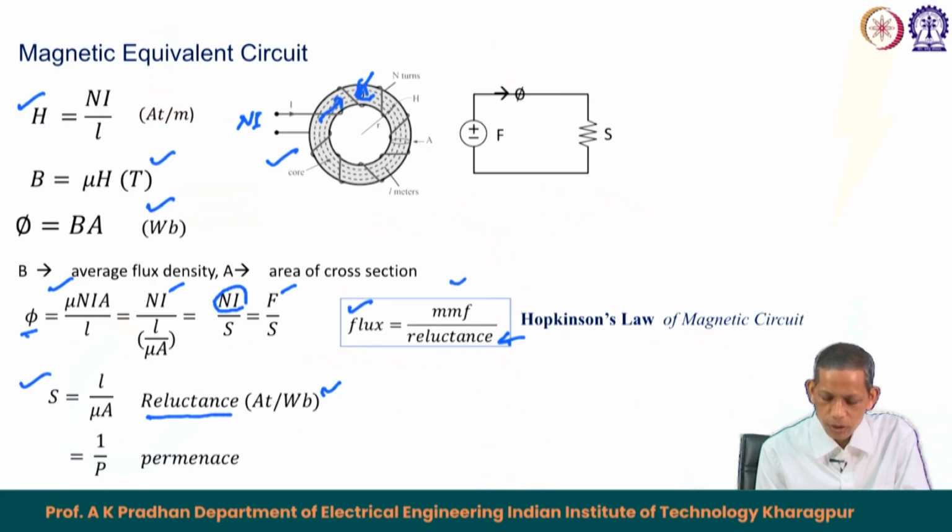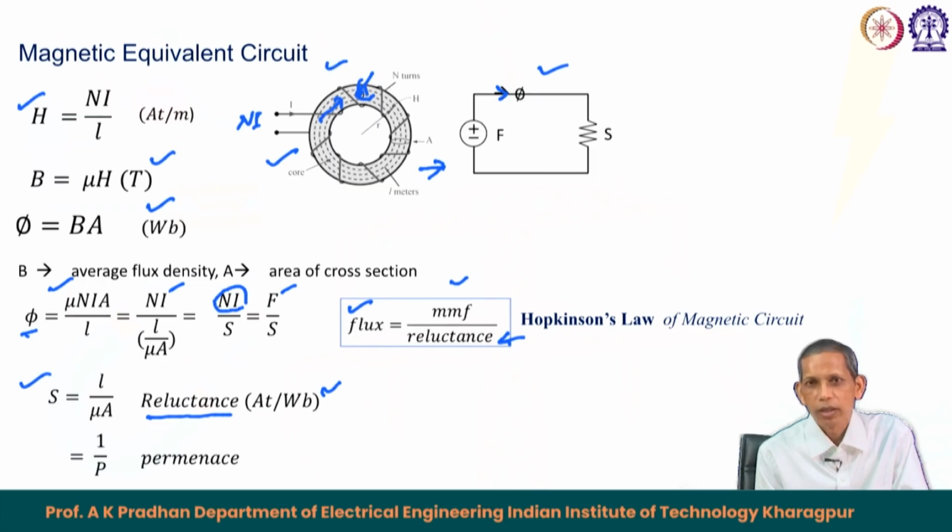From this relation, the magnetic equivalent circuit diagram is drawn with the MMF F, which we designate with plus and minus like in an electric circuit, then the reluctance S, and the corresponding flux phi in this path, flowing from the positive to the negative terminal. Once again, to obtain the equivalent circuit of the given magnetic path, we start from the source.